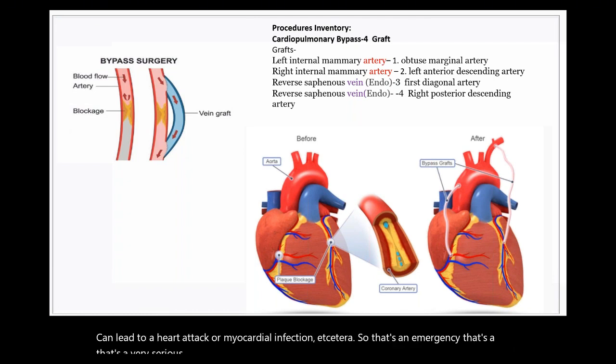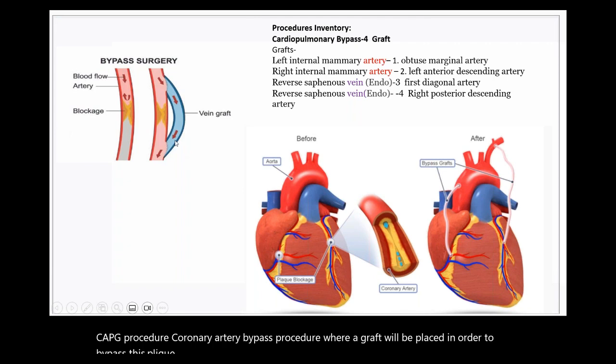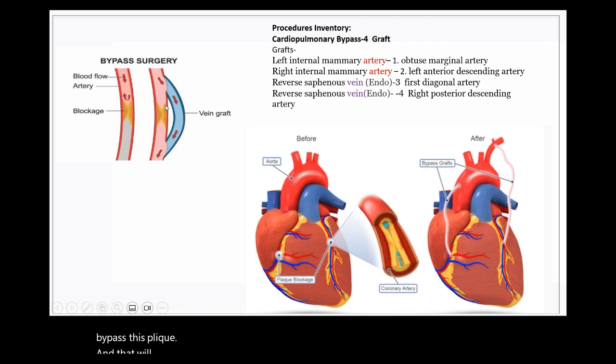So what a cardiac surgeon does is that he might perform a coronary artery bypass procedure, where a graft will be placed in order to bypass this plaque, and that will ensure that the blood flow to the heart is not affected or stopped because of this plaque.